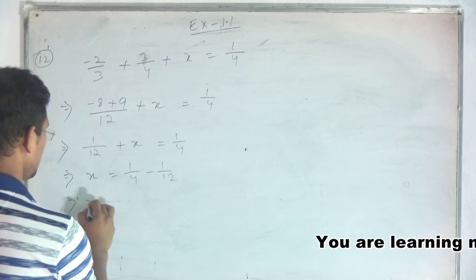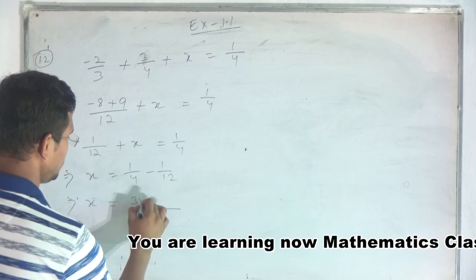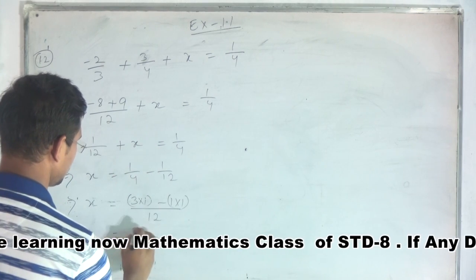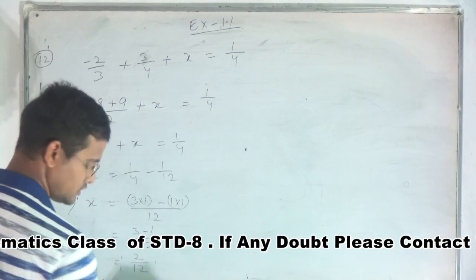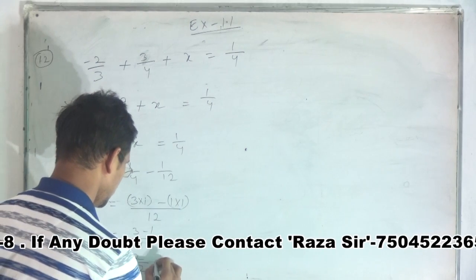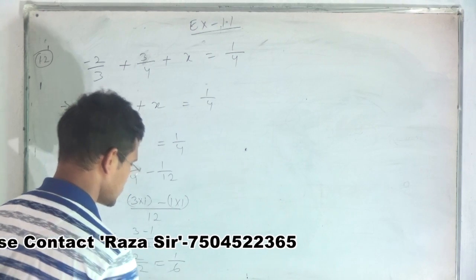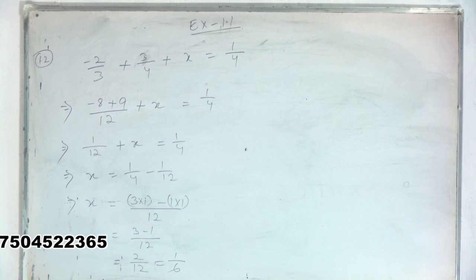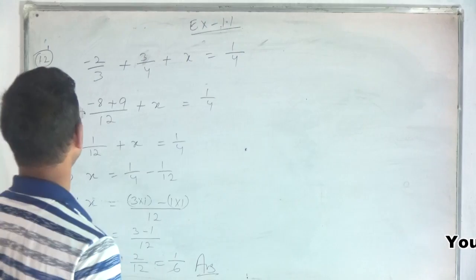Then x is equal to 3 into 1 minus 1 into 1 over 12, that equals 3 minus 1 divided by 12, which is 2/12. Do it in the simplest form, divide by 2 to get 1/6, or use the cancellation method. That's your required number.